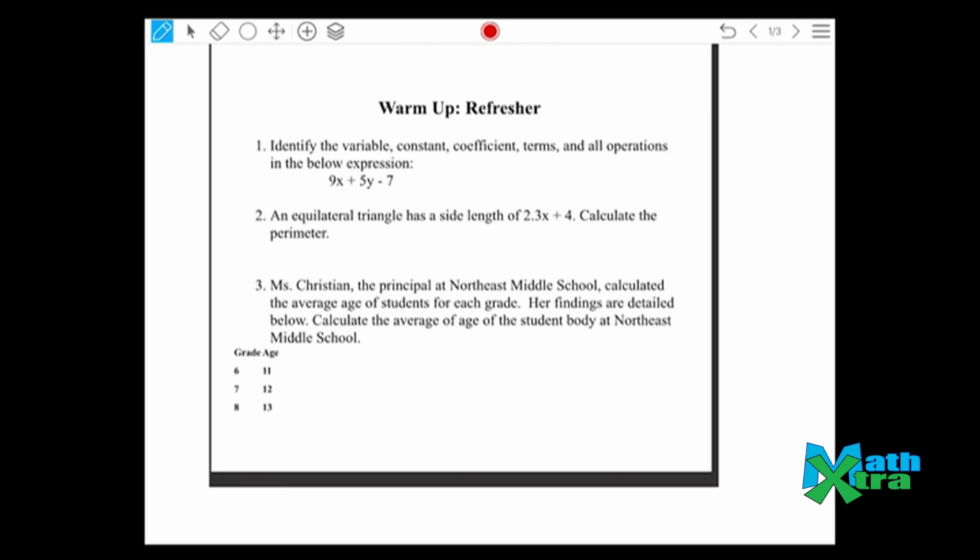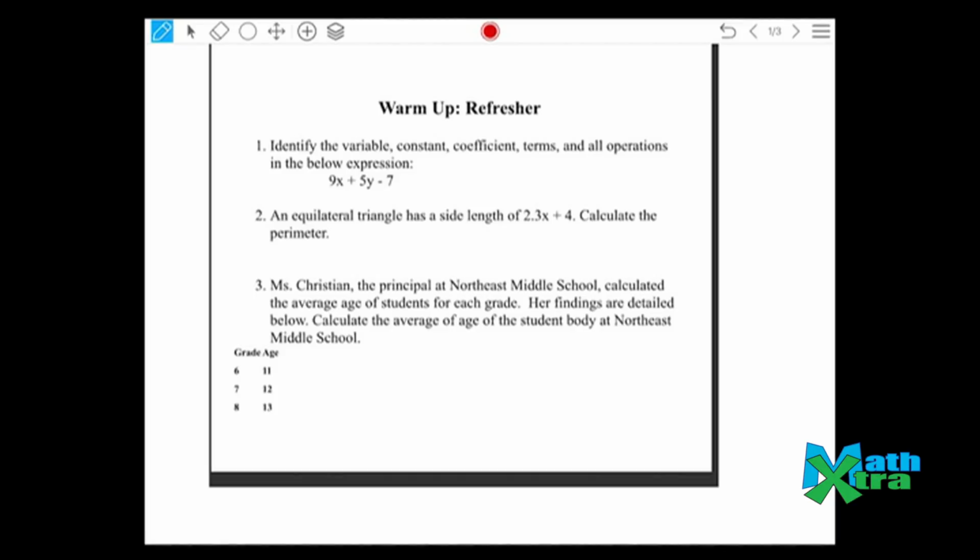So let's begin. We'll start with the warm-up, which is also a refresher. Number 1, identify the variable, constant, coefficient, terms, and all the operations in the below expression. And we know it's an expression because it doesn't have an equal sign. We have 9x plus 5y minus 7.